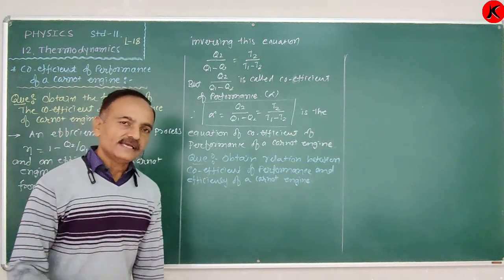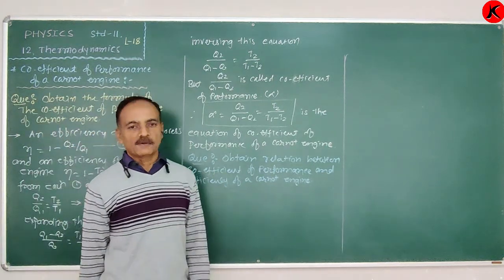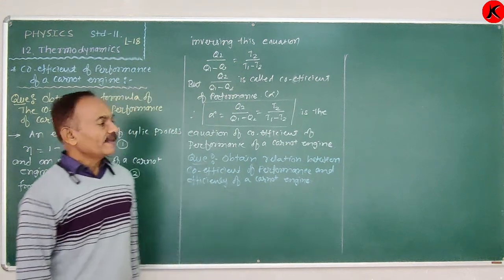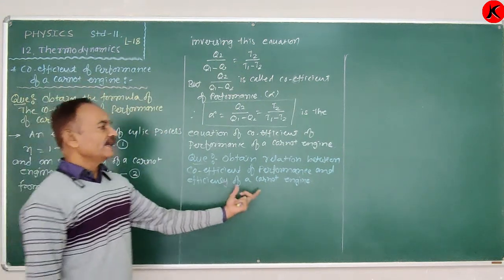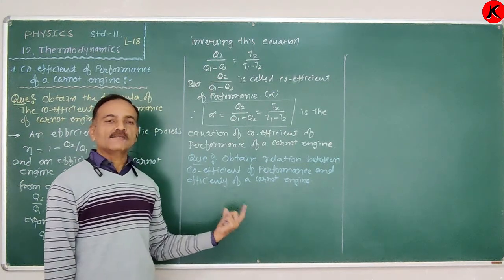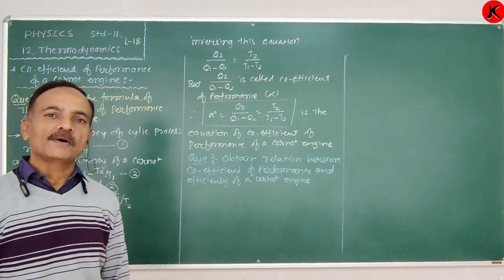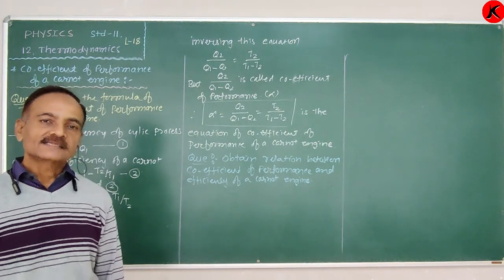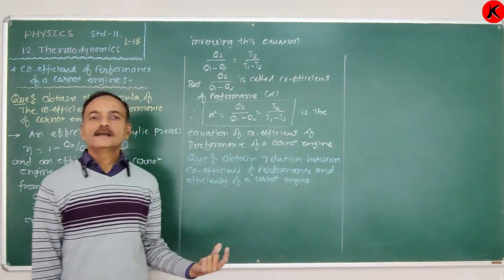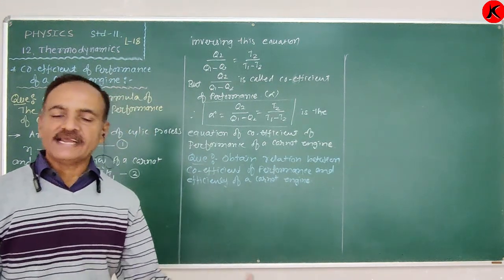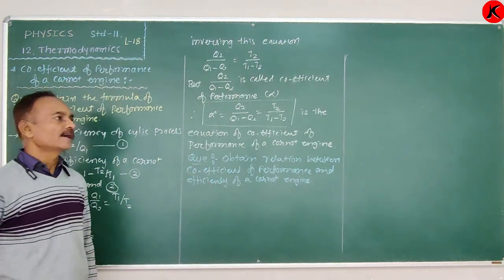Now we know that from the definition of the coefficient of performance, the ratio of the total heat absorbed to the total work done, or the net work done on the system, is known as the coefficient of performance.